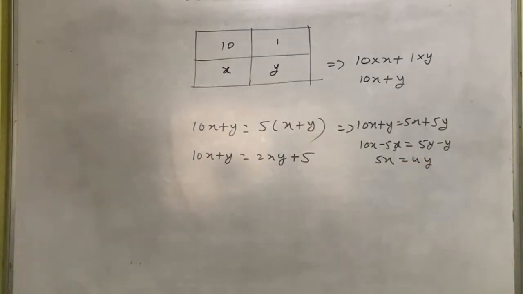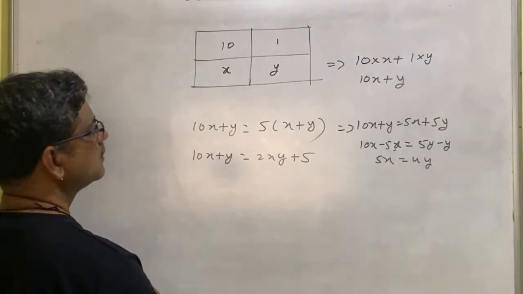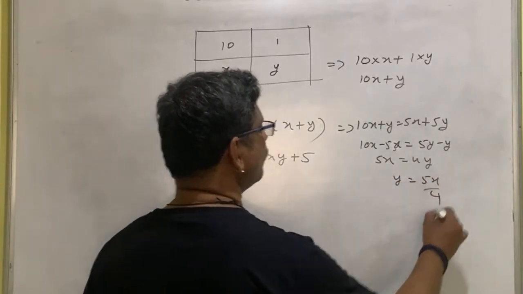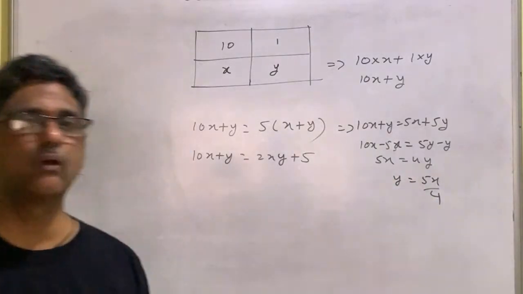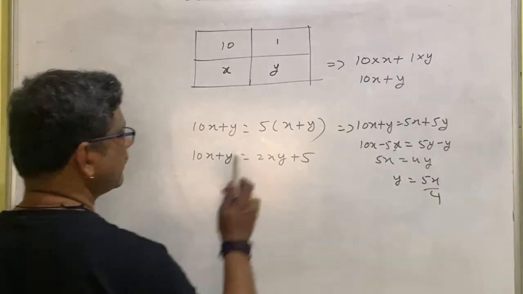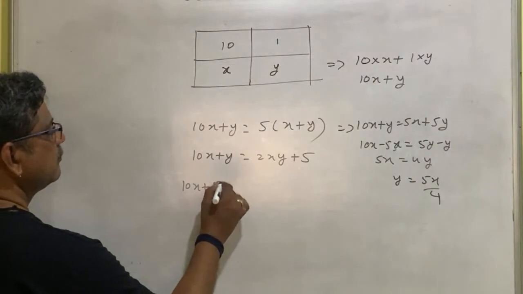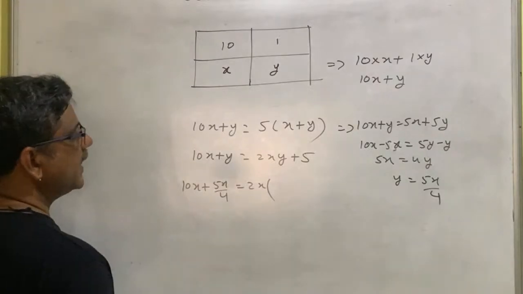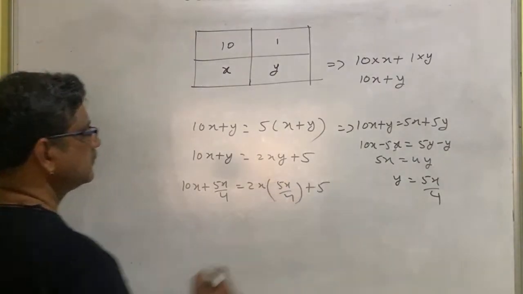Then y is equal to 5x by 4. Substitute this y value over here: 10x plus 5x by 4 is equal to 2x into 5x by 4 plus 5.